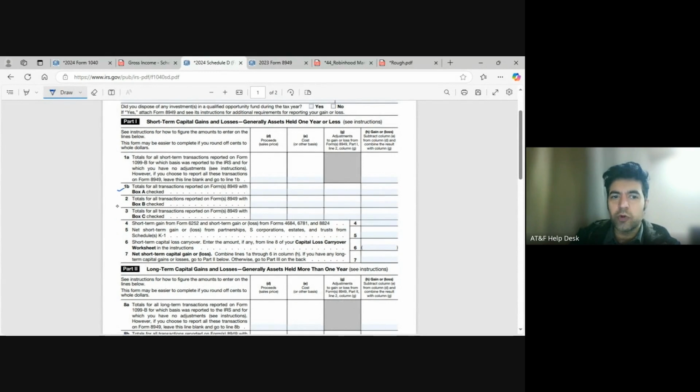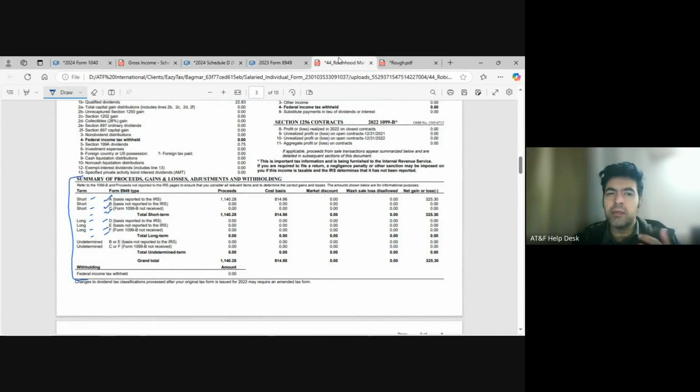Now what do these boxes mean? So meaning may not be necessary, because obviously you have to just copy and paste whatever the broker is giving, that you have to report as it is, right? But box A and box D include the basis, so these proceeds or the cost basis.